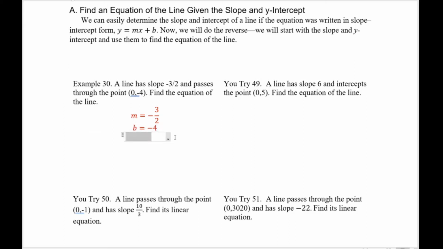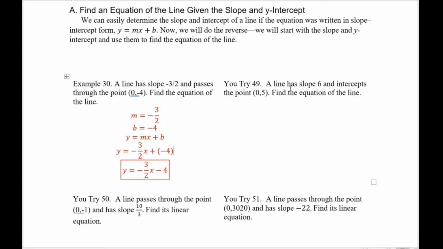From here, we can simply use the formula y equals mx plus b to create the equation y equals -3/2x plus -4. We need to simplify this by removing adding the negative, and what we result in is y equals -3/2x minus 4. And I'll box this to show us my final answer.